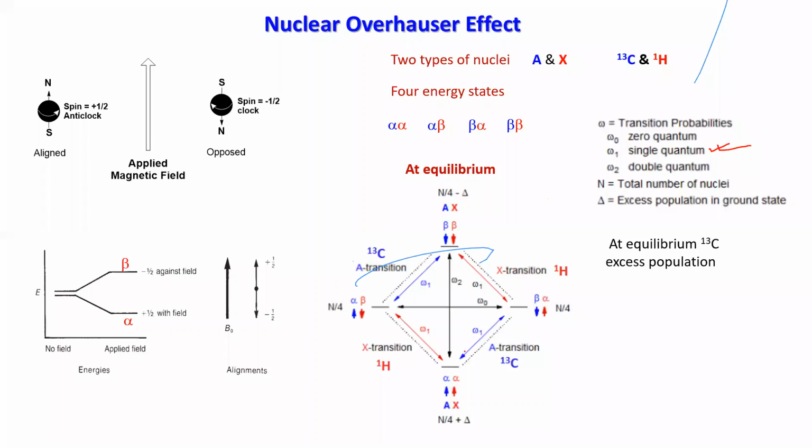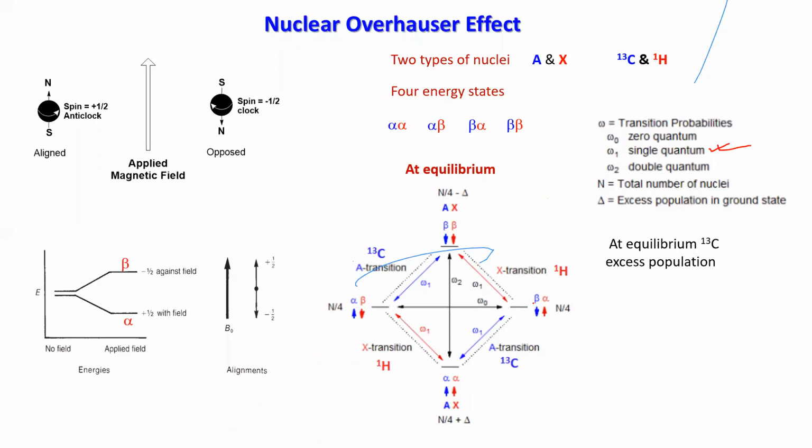Now, if you look at this diagram, alpha alpha to beta alpha, you look at the A or 13C transition. What we are changing is the blue color alpha to blue color beta, right?